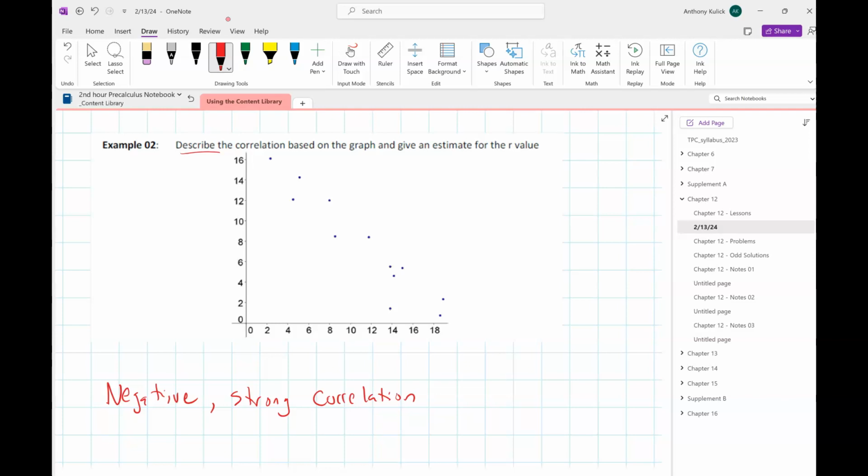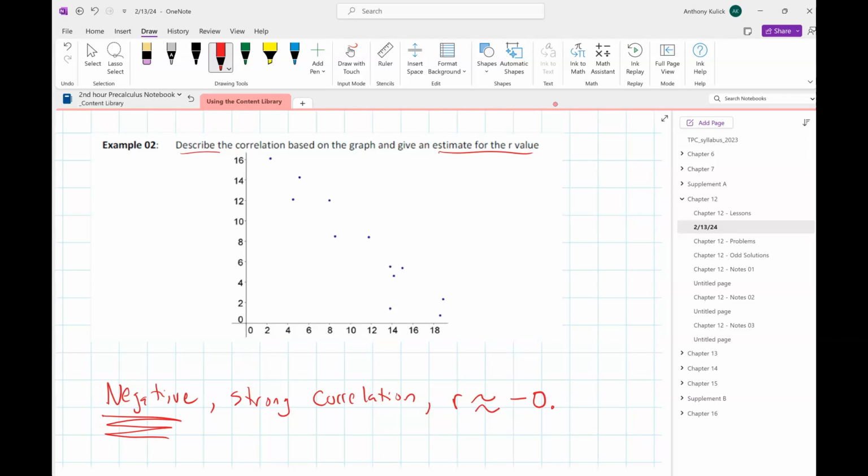Okay. And then if we want to give an estimate for the R value, what do I know it has to start with? Negative. Okay. And I know it's got to be bigger than -1, right? Because that's not a perfect line. What do you think?